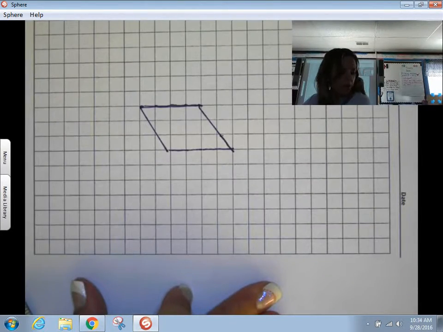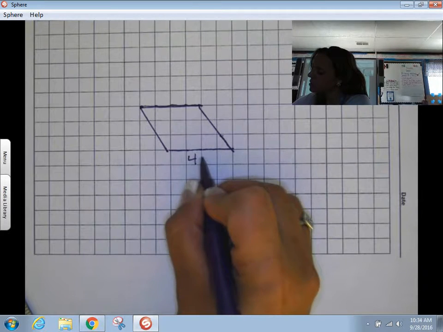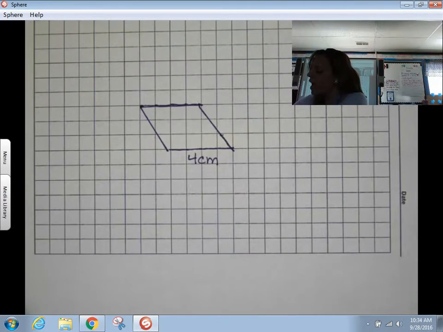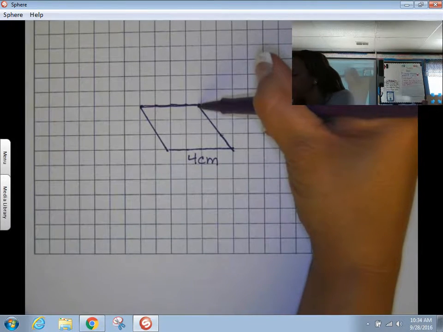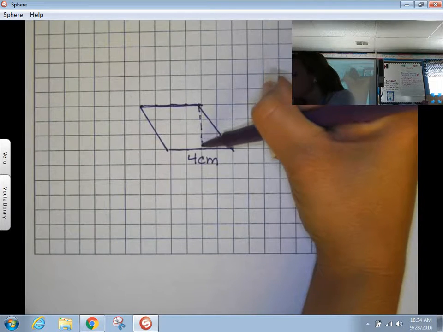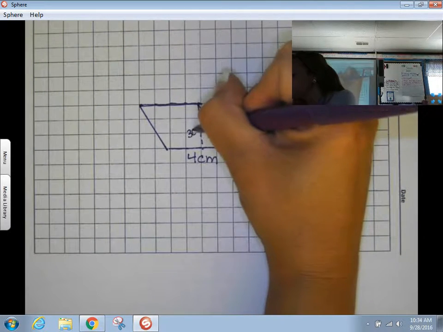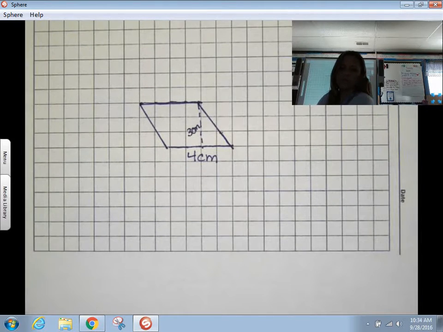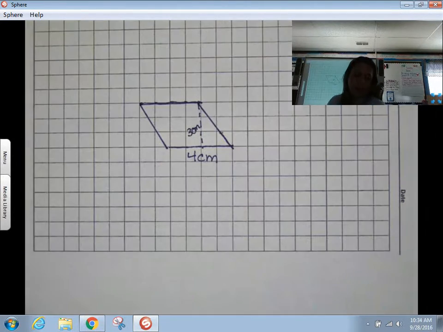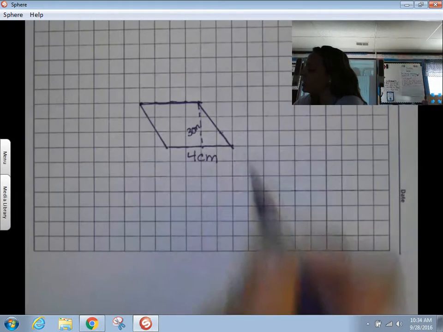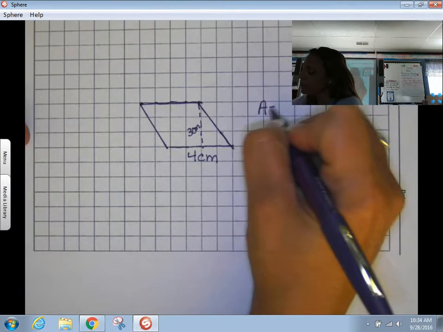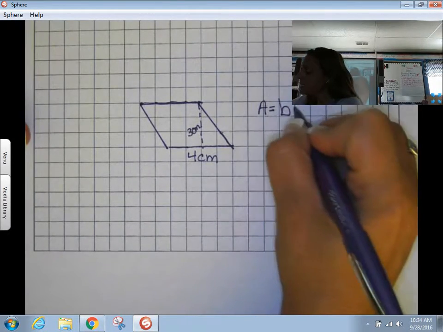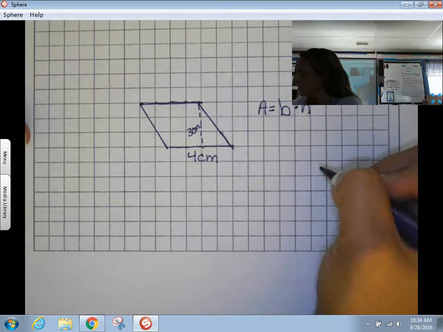So there's my parallelogram. I know that it's 4 centimeters long. I also know that it has a height of 3 centimeters. So, I know that a parallelogram is just a rectangle rearranged, right guys? Yes. Okay, so I know area is base times height, right?